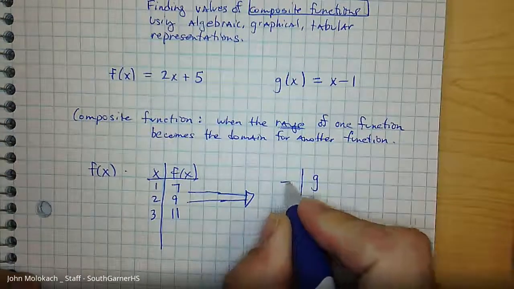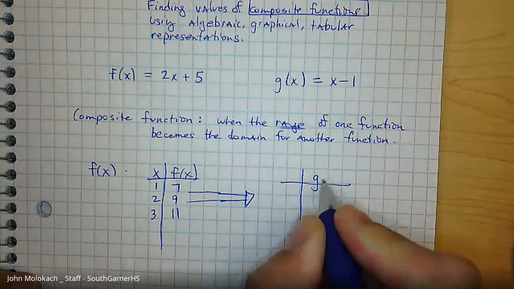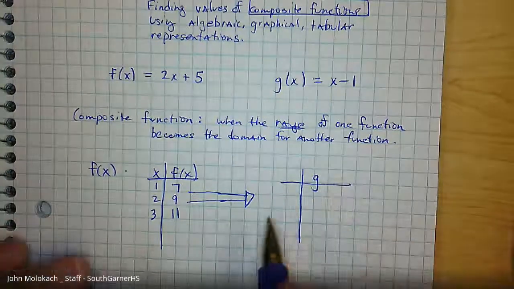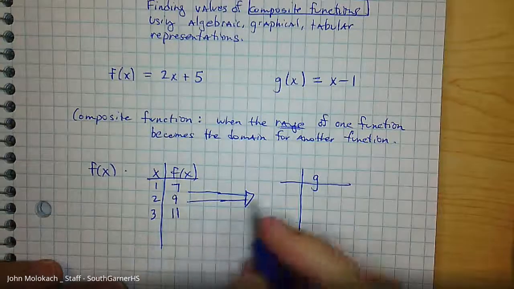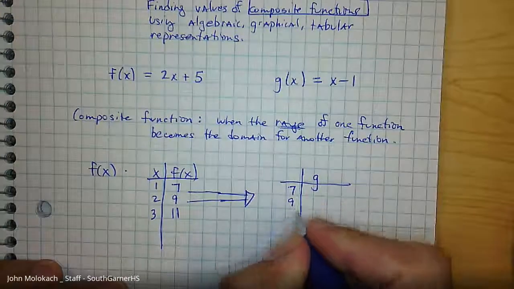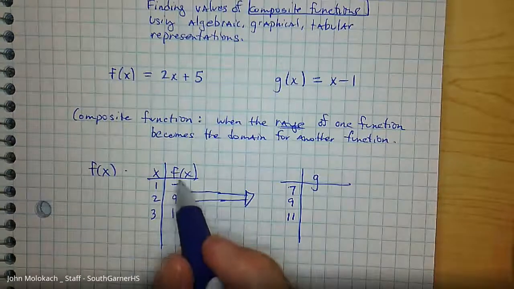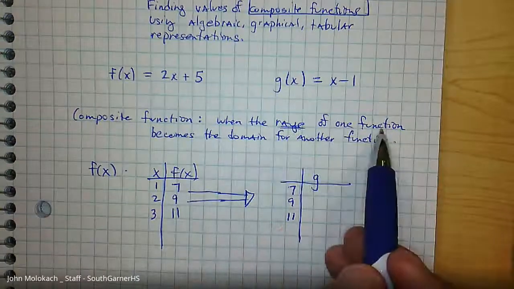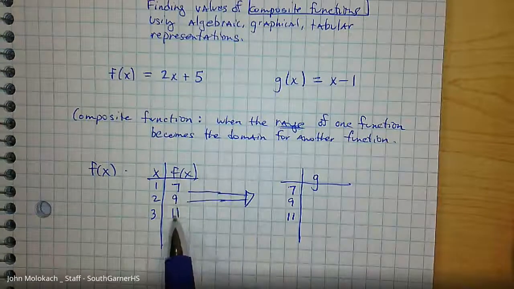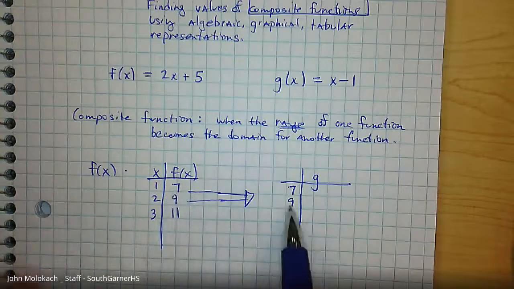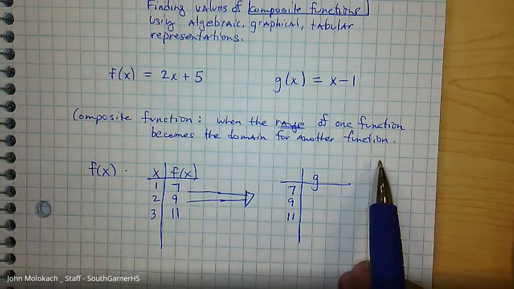So I'm not going to write down x and g of x just yet, and I'll explain why in a moment. But let's say that 7, 9, and 11 are now domain values for g. So these were range values for f, range values of the one function, but these are now going to be moved to the domain of another function.